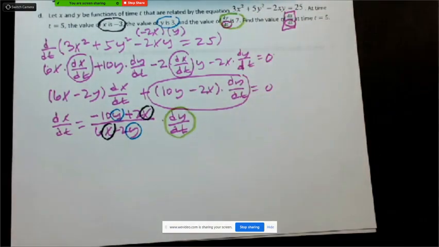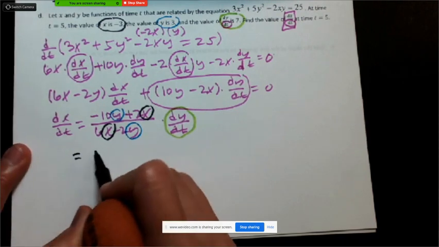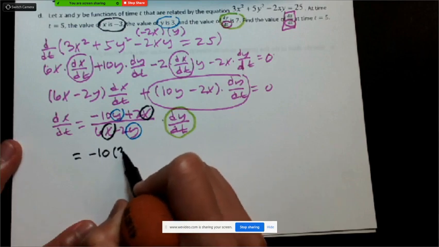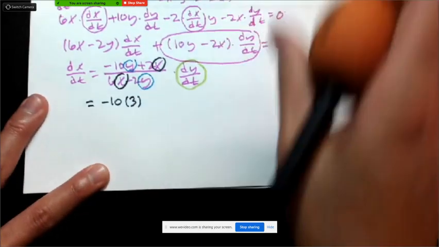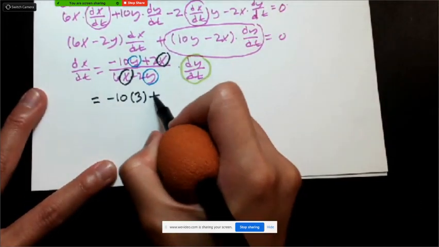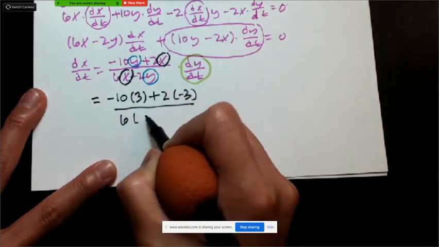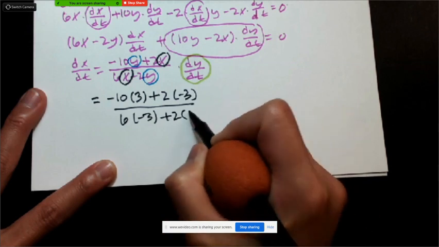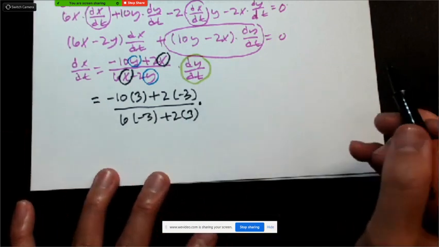So all we have to do is plug it in and we're good to go. Because we make silly mistakes, just write out everything. So negative 10 times 3, and then 2 times negative 3. And then I have 6 times negative 3 plus 2 times y, and then times dy over dt, which is given as 7.